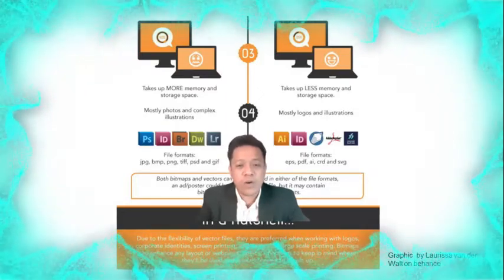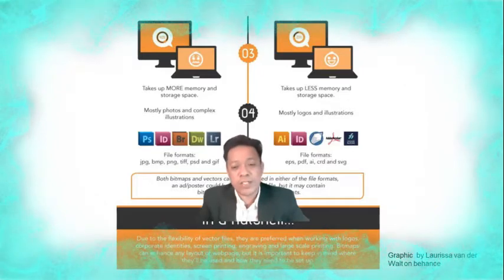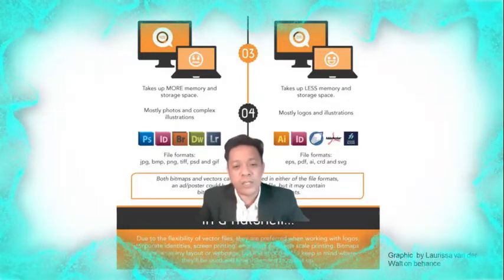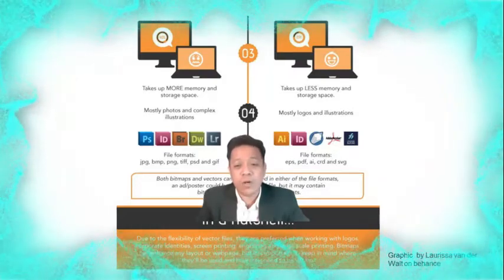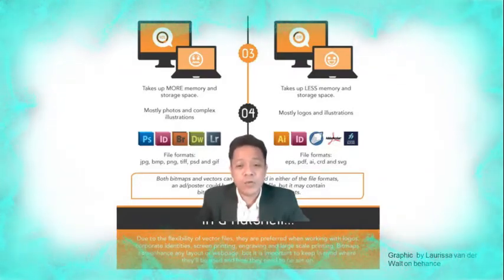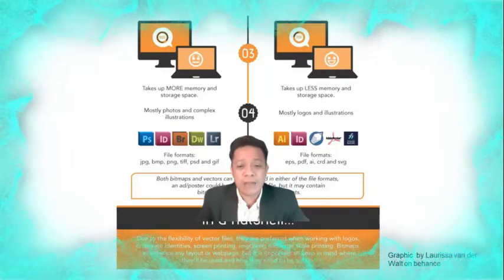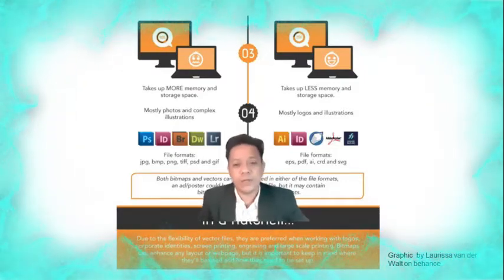And for vector, if you want to develop the vector format of your graphic, you use Adobe Illustrator. InDesign can also do it, and there are a few more, which use formats such as PDF, AI, and so on.